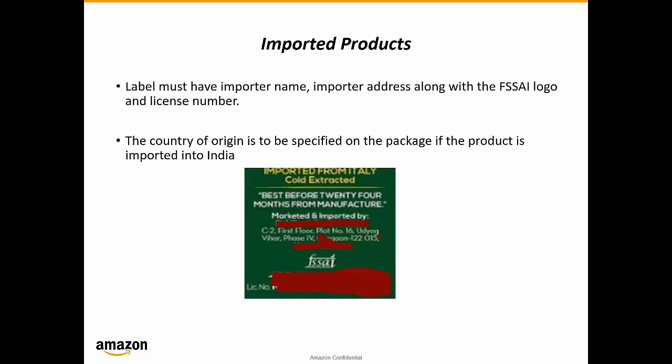Another part is the imported product, which we discussed earlier as well. The label must have an importer name, meaning that if the product is manufactured outside of India, then the person who is importing is from India. So the importer's address should also be written along with their FSSAI license number.